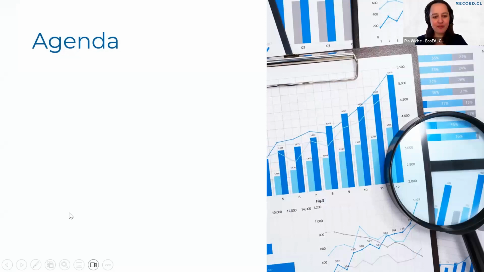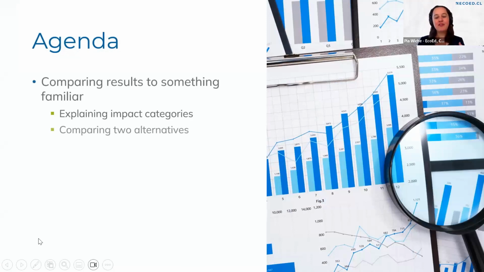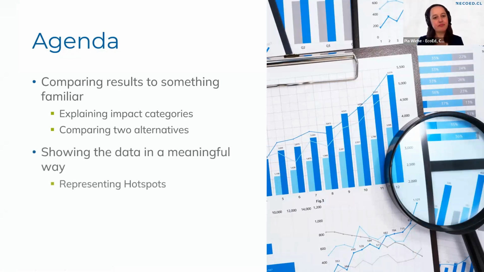For today, we have the following menu. First, we're going to be talking a little bit about comparing results to something familiar, explaining impact categories and comparing to alternatives. So how do we bring this very unfamiliar, this very weird concept that we usually deal with to something that we can relate to?